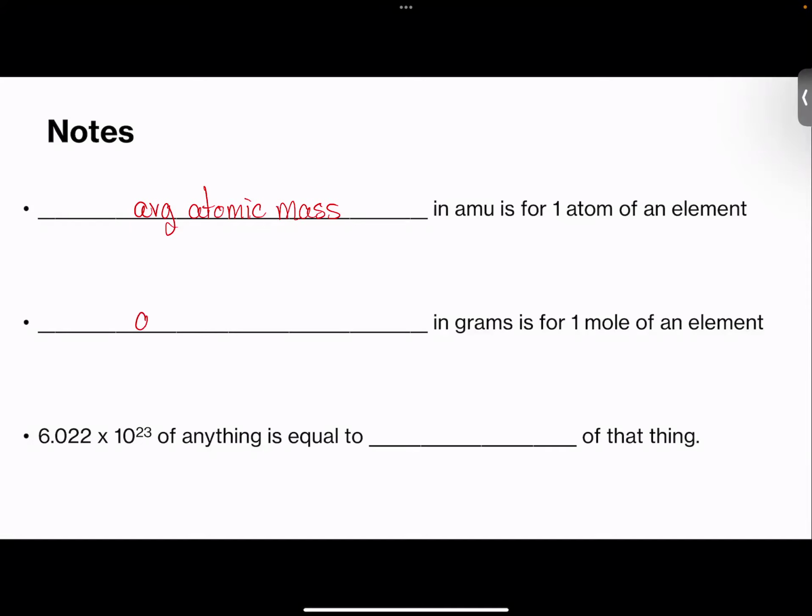But if instead we take the average atomic mass and discuss it in grams, now we're talking about 1 mole of the element. A mole is a counting number. 6.022 times 10 to the 23rd of anything is equal to 1 mole of that thing.